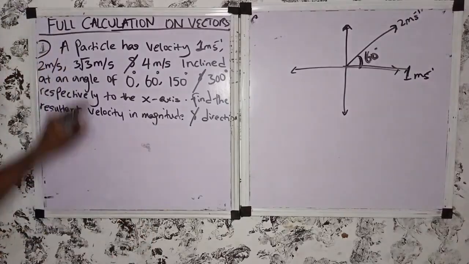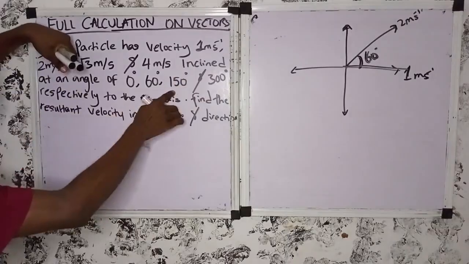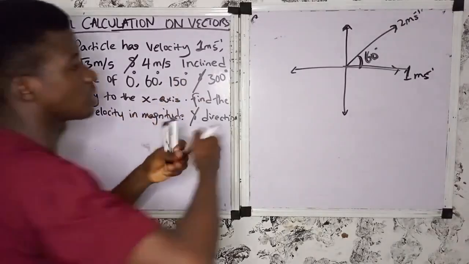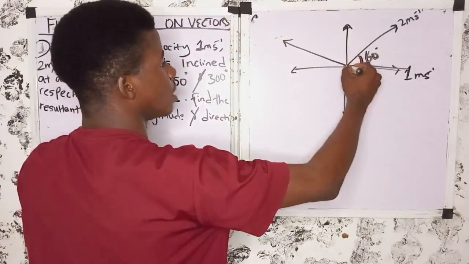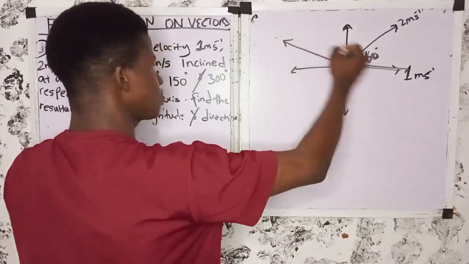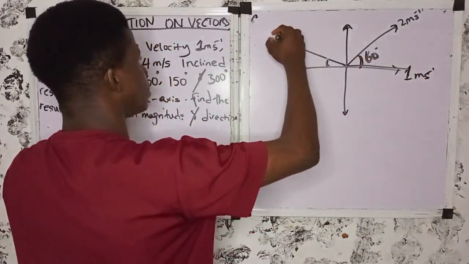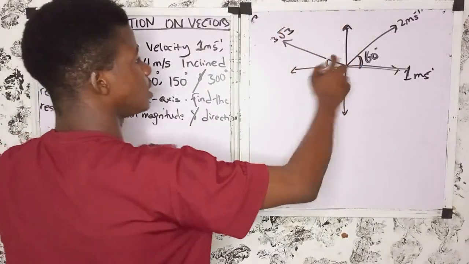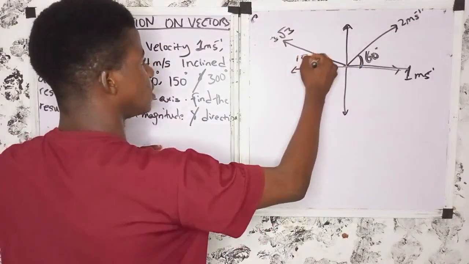The next one, 3 root 3 meter per second, inclined at 150 degree. So it will be something like this. The vector 3 root 3 is inclined at an angle of 150 degree, right?